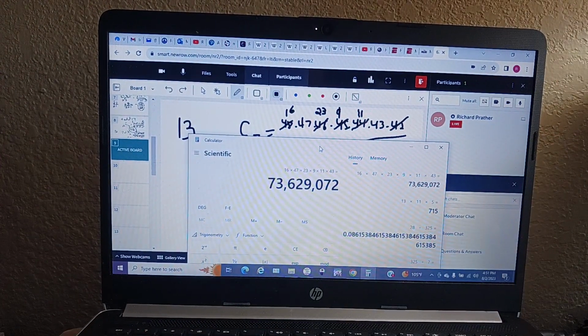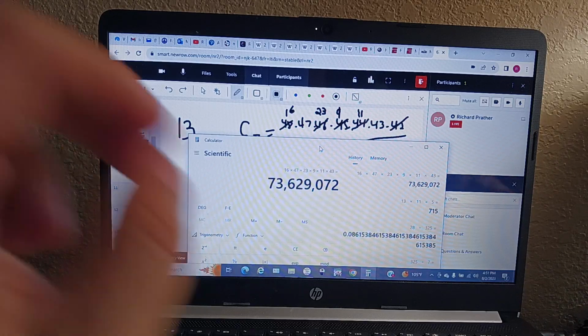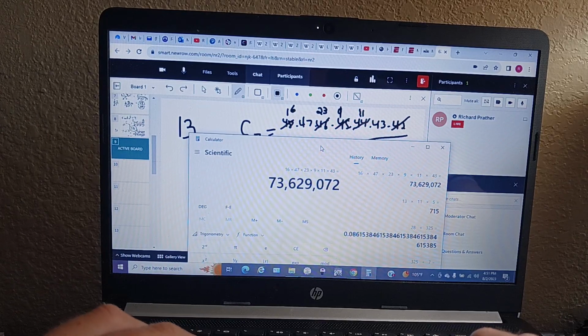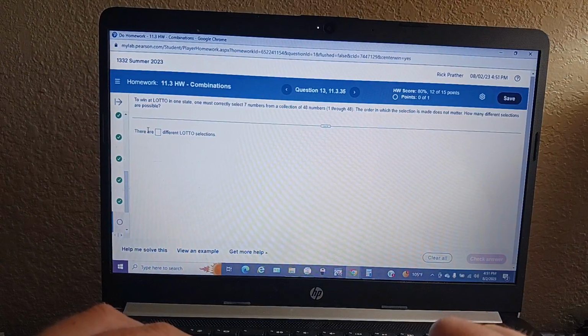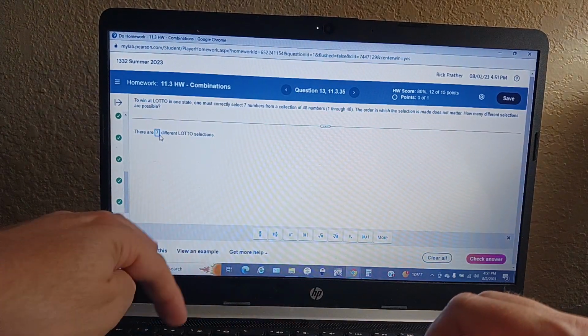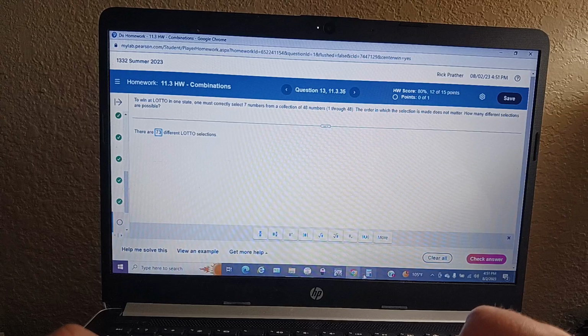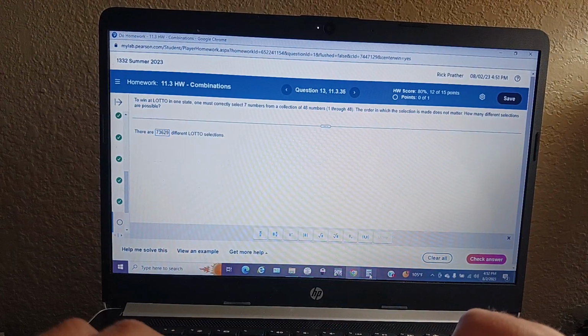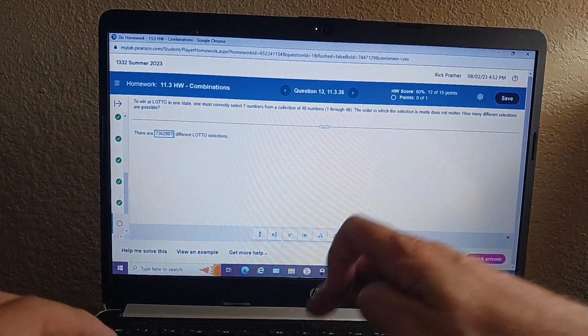So there would be almost 74 million ways to play that lottery, and that's why people don't win very often. If you buy one ticket, you have a 1 in 73.6 million chance of winning. 73 million. $629,072.